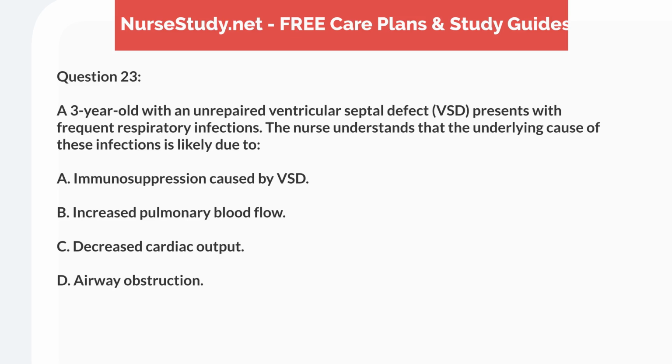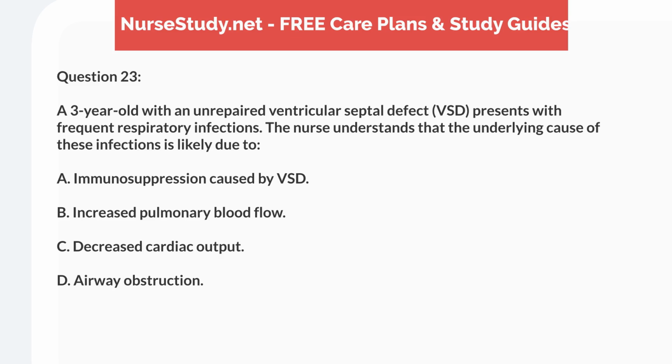Question 23. A 3-year-old with an unrepaired ventricular septal defect, VSD, presents with frequent respiratory infections. The nurse understands that the underlying cause of these infections is likely due to A. Immunosuppression caused by VSD. B. Increased pulmonary blood flow. C. Decreased cardiac output.